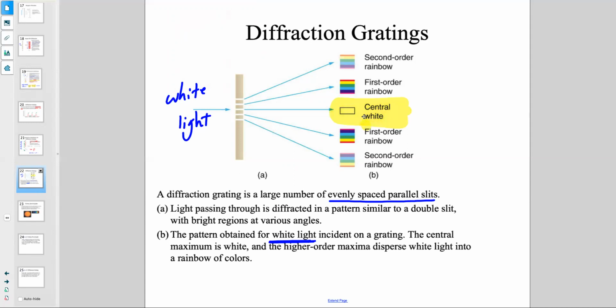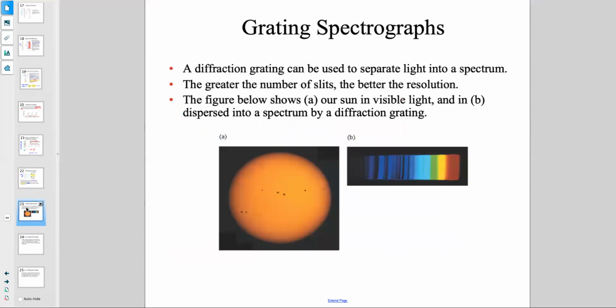And then you have higher orders of dispersed white light into the rainbow. So you'll have a first order rainbow on either side, and then a second order rainbow, less intense, on either side, in a similar and symmetric location from left to right. So this has a very interesting application. We can take a look at the spectrum of light that we get from the sun.